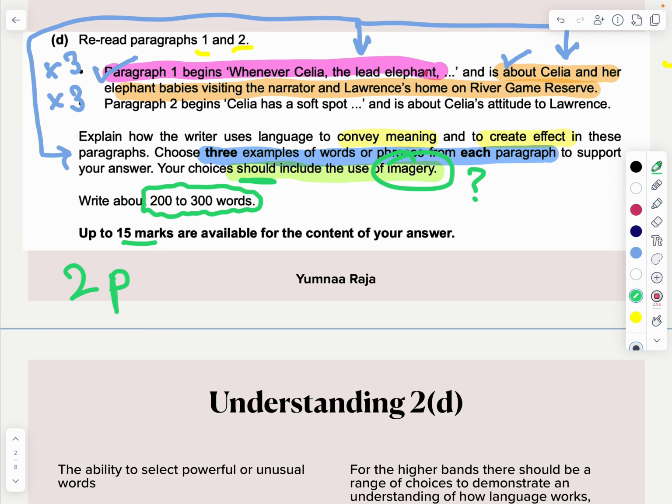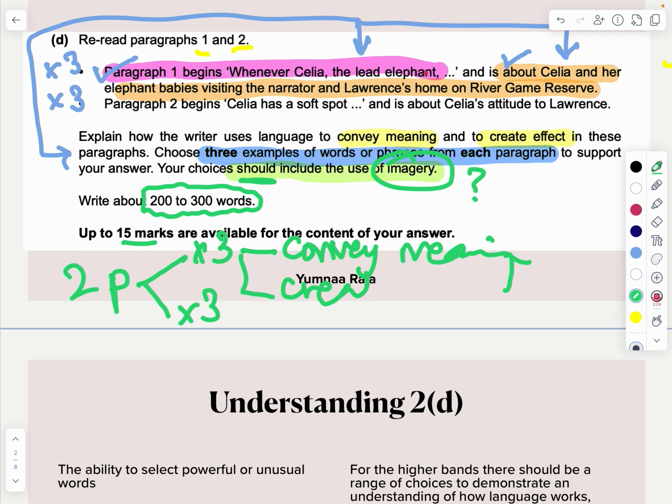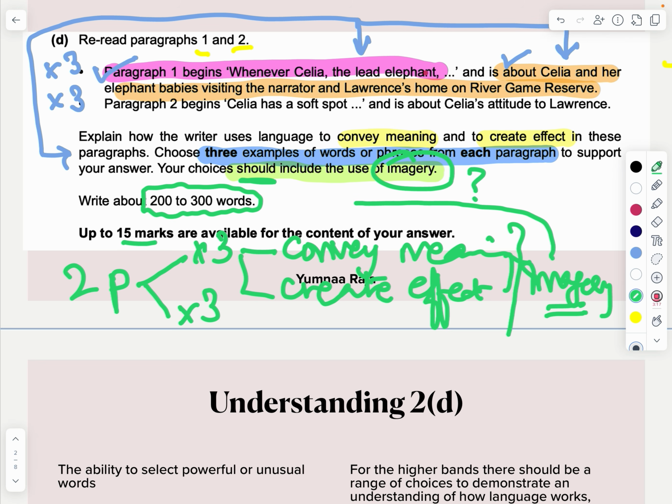From each paragraph, you're picking out 3 examples of words or phrases that convey meaning and create effect. What else do we have? It should also have imagery, and then the word limit is this, and the marks are this. So far we have some skeletal format of what we're doing and how we proceed.